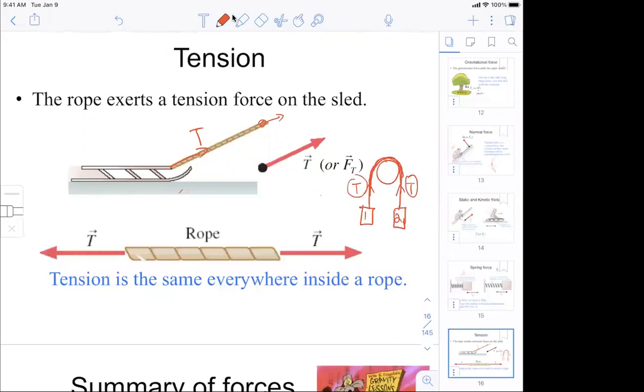Obviously, if you have something like a rubber band, or a rope that has different texture at different places, that's not the case. But we are dealing with just a homogeneous rope that is uniform everywhere and cannot be extended. So a lot of times in the problems, they will tell you you have an ideal rope, meaning that the tension in the rope is the same everywhere.